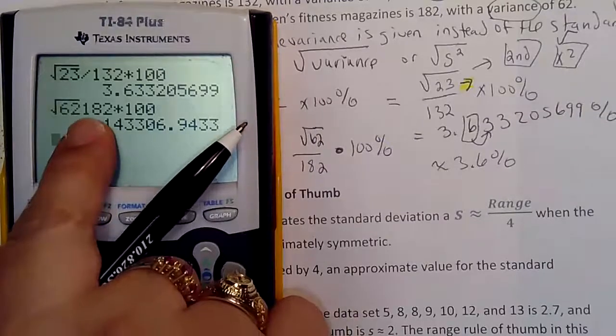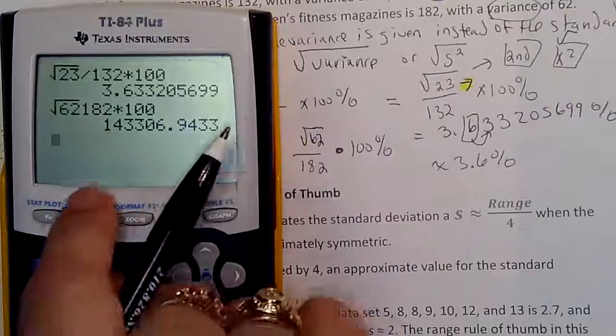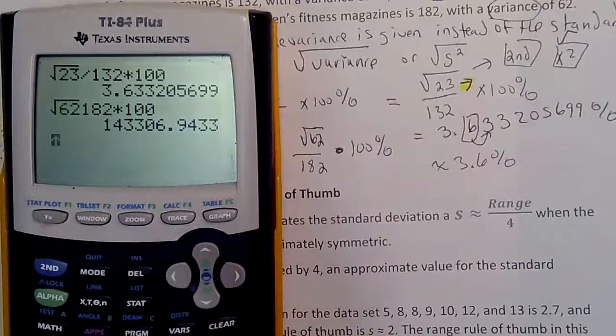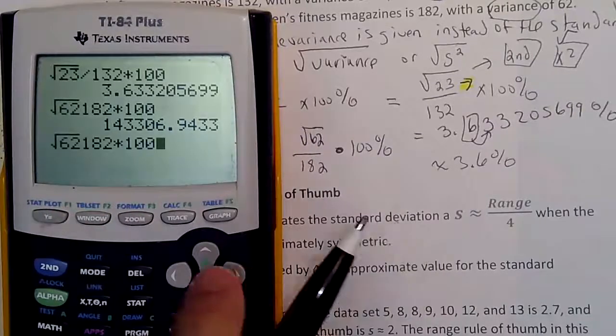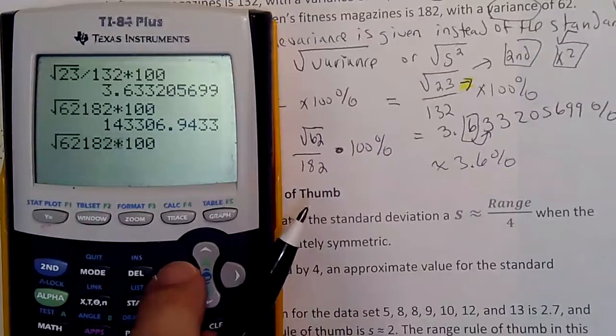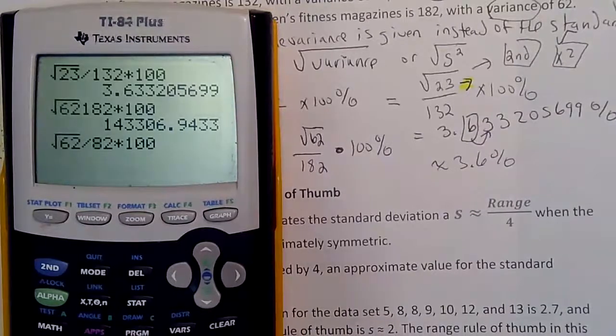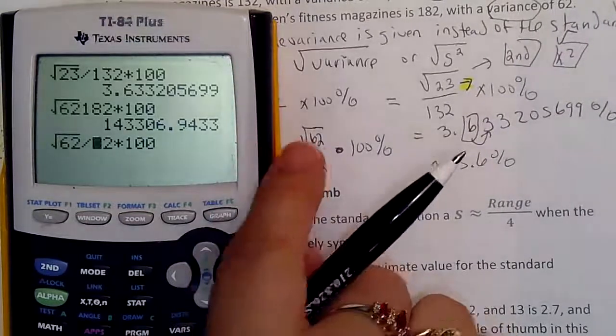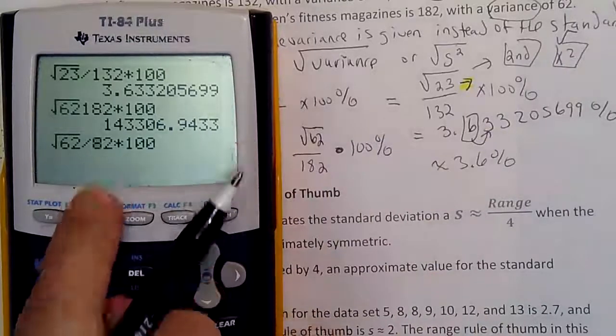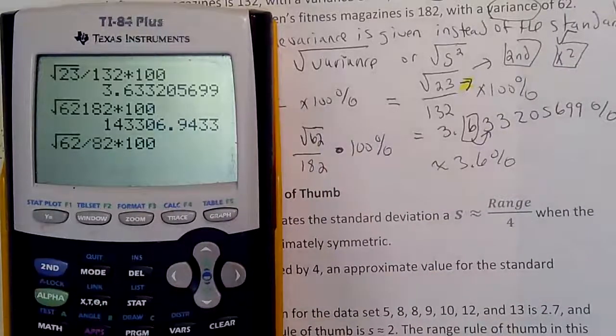See how I didn't put the division? Divided by 182. So let me do a second enter. Second enter recopies that. Go back here and put the division bar. Oh, and then look, I need to divide by 182. So I'm going to do a second insert. Okay, that should be good.